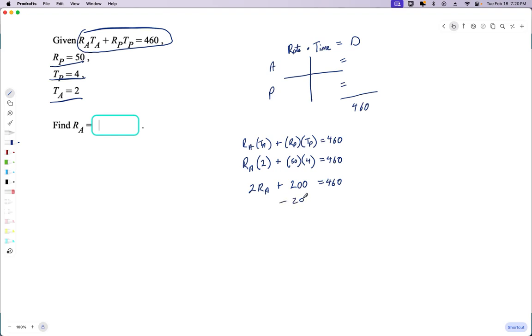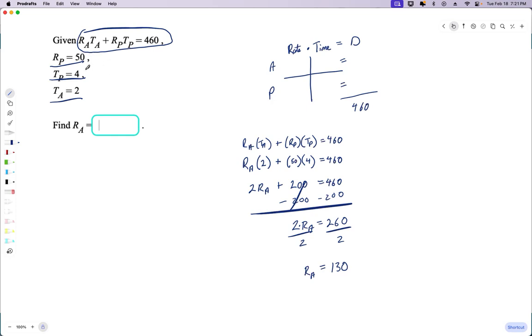So if I take 200 away from both sides, I get 2RA by itself, and I get 260. So now all I have to do is remember this is multiplication, divide both sides by 2. 2 divided by 2 is 1. 1 RA is what I have on this side. And 260 divided by 2 is 130 on this side.